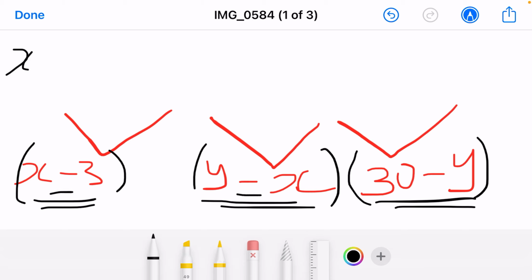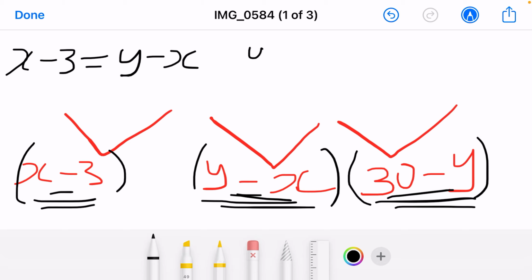So I can say x minus 3 is equal to y minus x. Okay, I can definitely do that, ladies and gentlemen. And again, guys, I can still equate this to that and say y minus x is equal to 30 minus y.